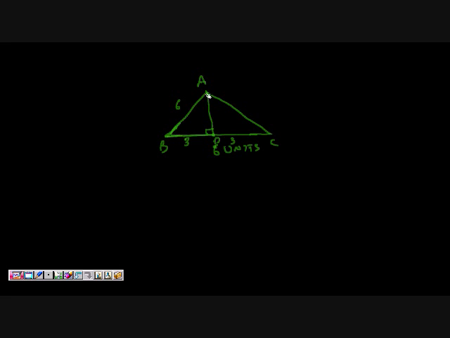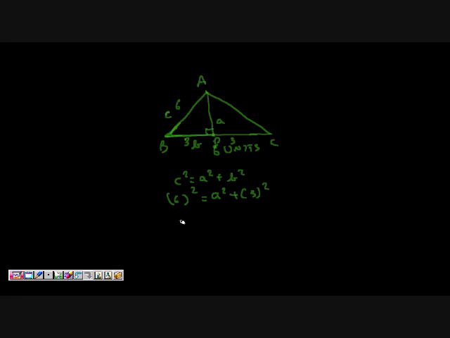So how do you find that? We know that this is a right angle, so obviously this is C, this is B, this is A. We can write C square is equal to A square plus B square. We know that C is 6, so 6 square is equal to A square plus 3 square.